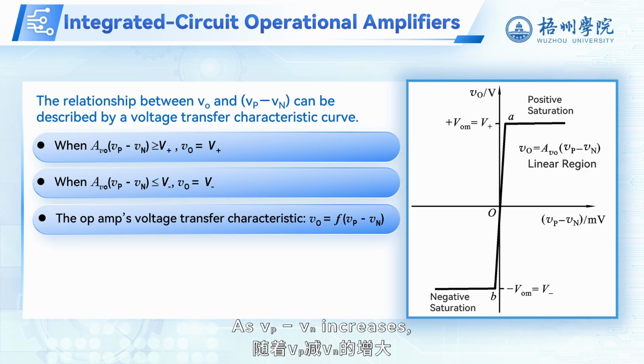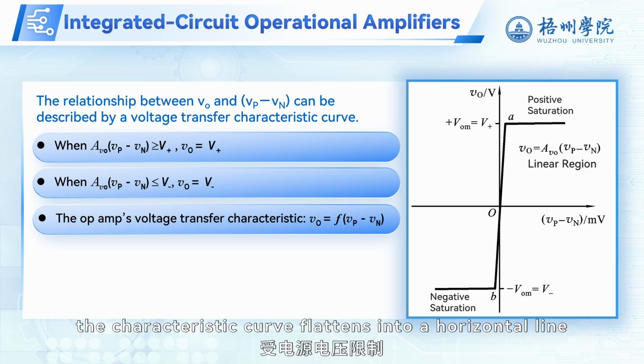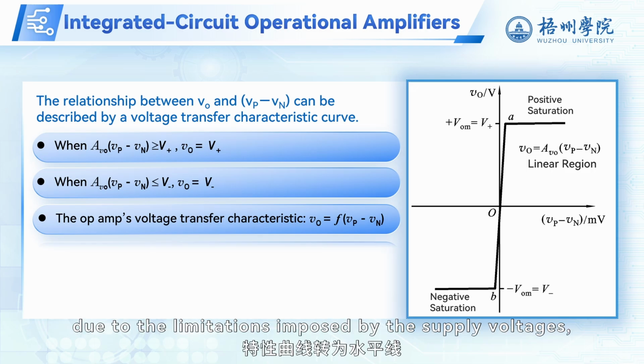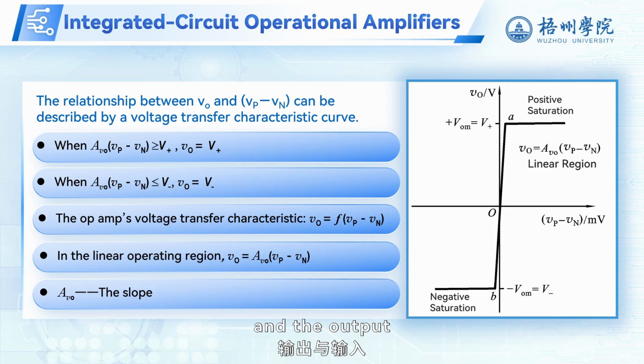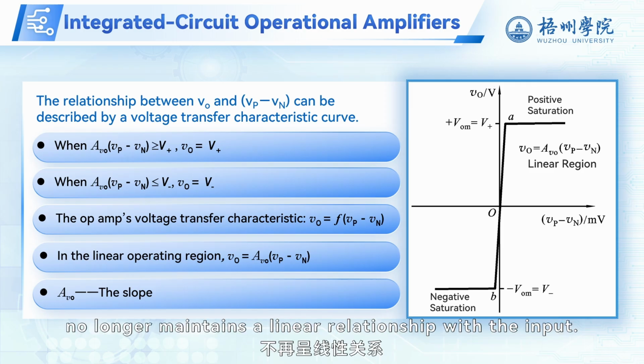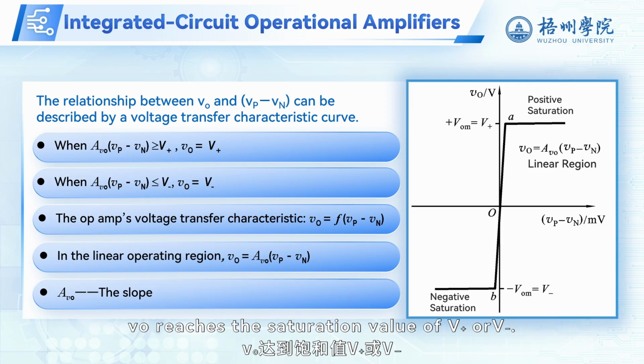As V_P minus V_N increases, the characteristic curve flattens into a horizontal line due to the limitations imposed by the supply voltages, and the output no longer maintains a linear relationship with the input. V_O reaches the saturation value of V_plus or V_minus.